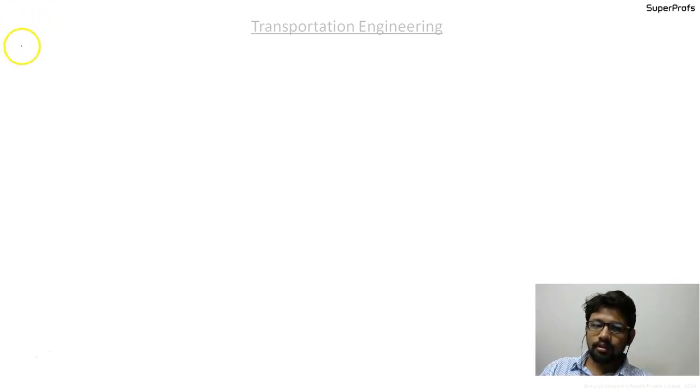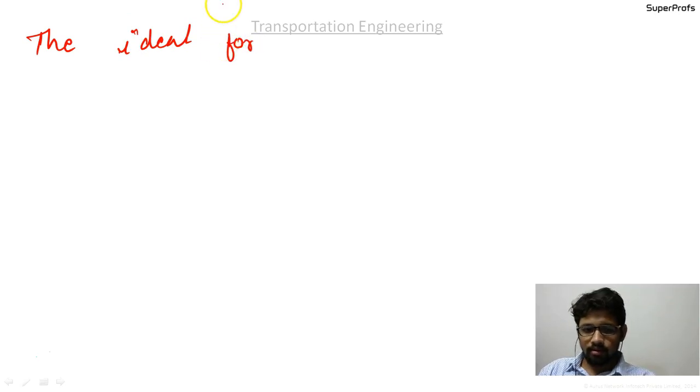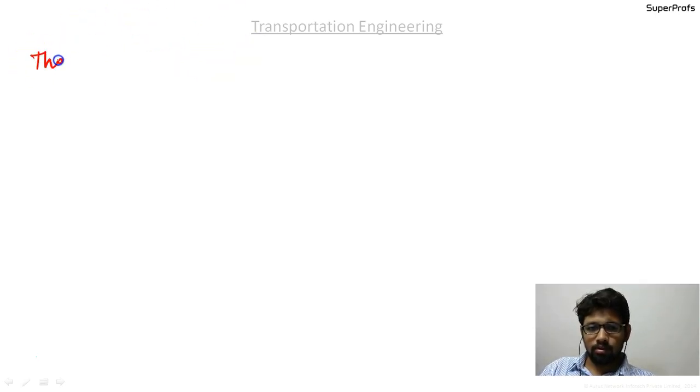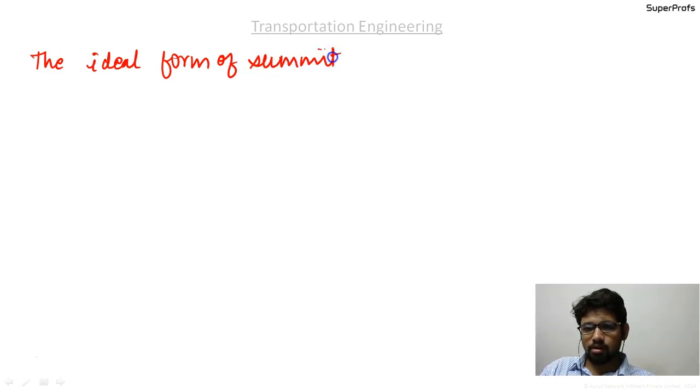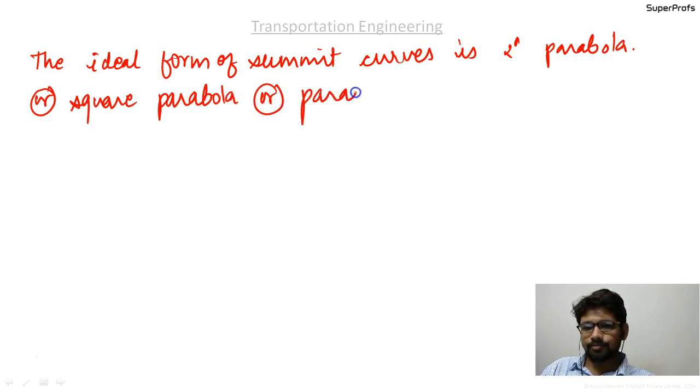Please write down that the ideal form of summit curves is second degree parabola, also called square parabola, or let us say simply parabola.